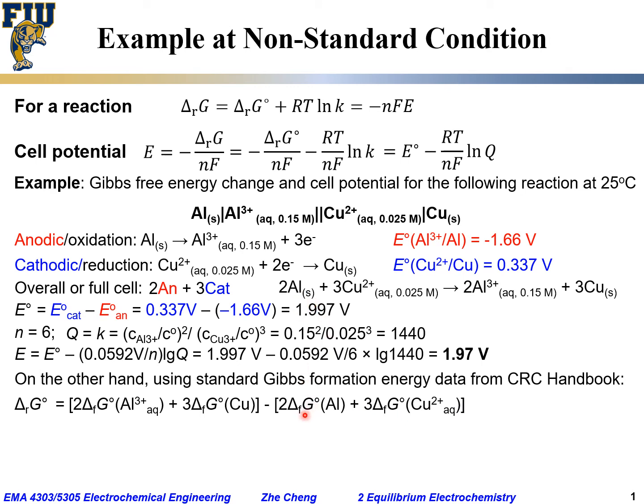aluminum, you write it down here, ΔfG0 for aluminum, and don't forget for aluminum you have the coefficient 2. But anyway, the ΔfG0 for aluminum would be 0 because the reference state would be the pure aluminum metal. And plus 3 times, because of the stoichiometric coefficient, the Gibbs formation energy for copper 2+ in aqueous solution for this reactant.